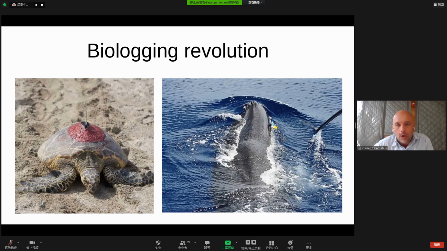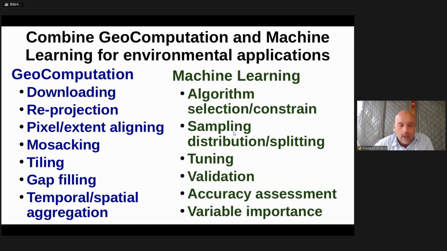We need two fundamental skills to deal with this data: one is geocomputation, and the other is machine learning. Geocomputation usually comes first, in data preparation: downloading, reprojection, pixel extent alignment, which is really important, mosaicking rasters and satellite images, tiling, gap filling to refill gaps in satellite images, and different kinds of temporal and spatial aggregation.